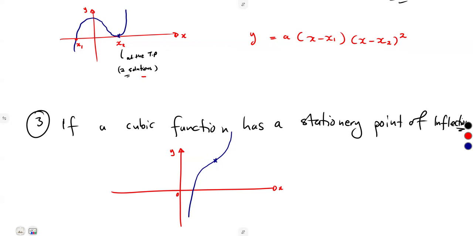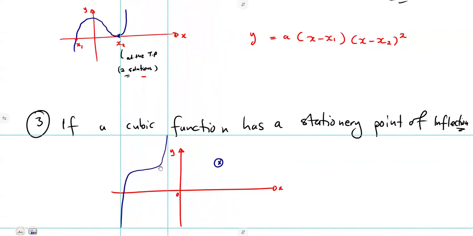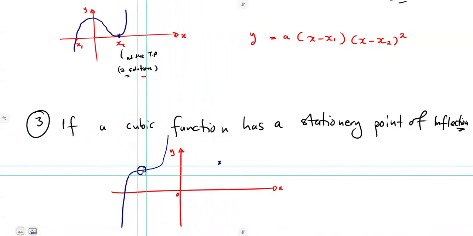Let me just try to redraw this properly so that you can see this, something like this. Just like this, all right? So at that point, it is neither maximum nor minimum. So let's say we have that point as negative p, q, right? It's only that the side where I took this, it might not make sense. Let me just shift it like this. All right. Sorry for that.